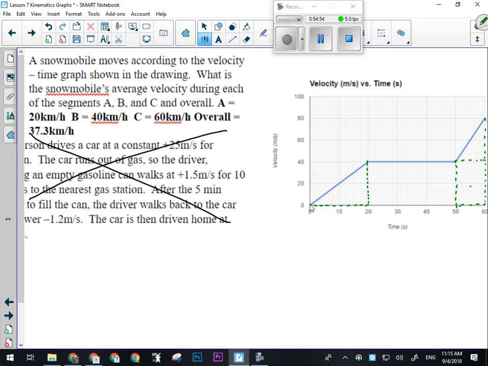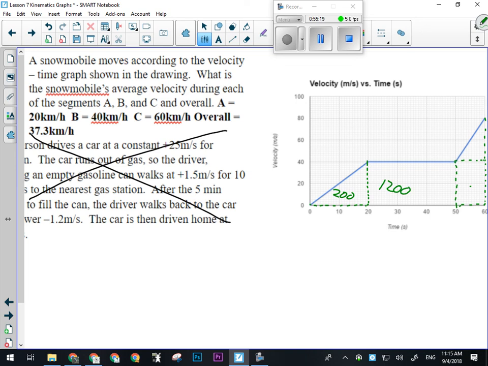So I have to calculate all of these boxes or shapes. For this first triangle, I'm going to go 20 times 20, which is 400, divided by 2 because it's a triangle, so this is going to be 200. Then we have 40 times 30, which would be 1200.